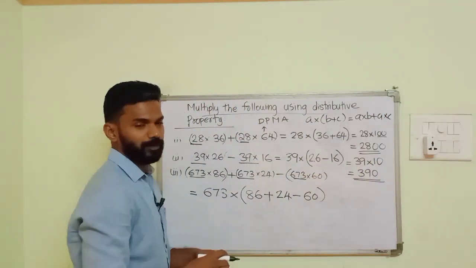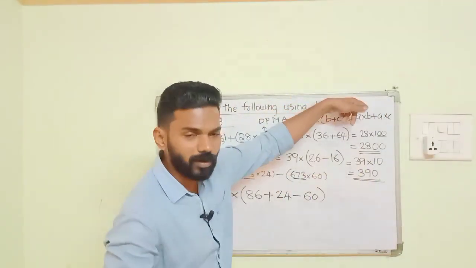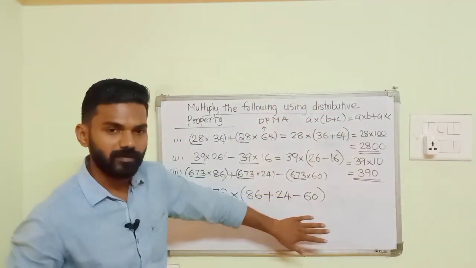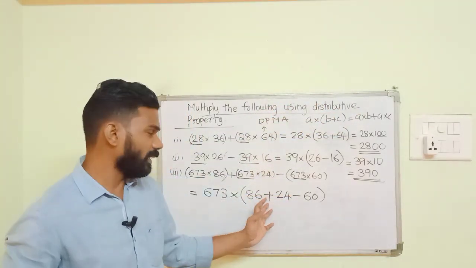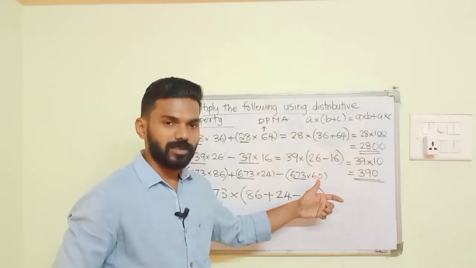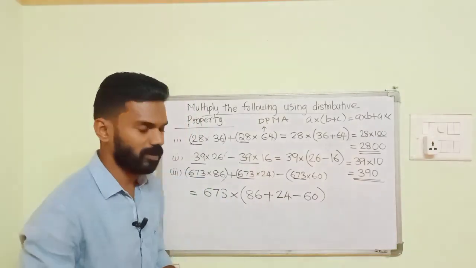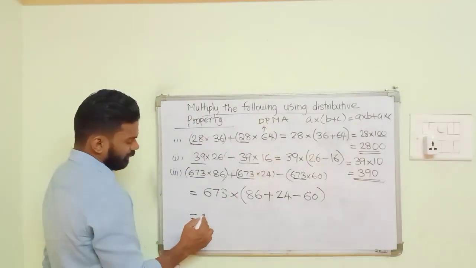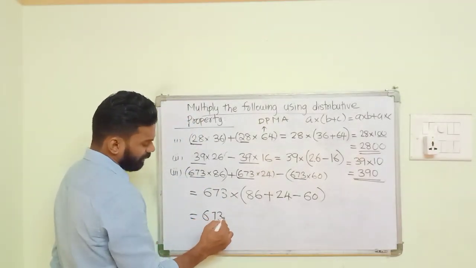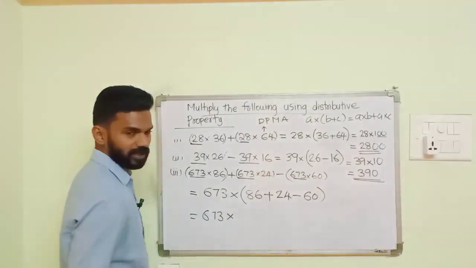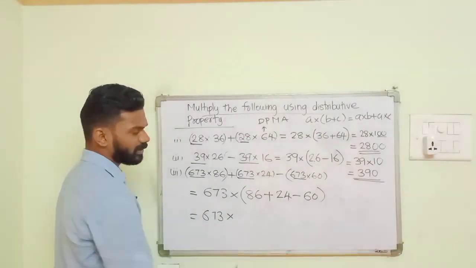So this is possible even if there is one more number. That is actually what is meant by this. Okay, any number of numbers can be inside the bracket, no problem. So here 673 can be written, thereafter into. Now this bracket has to be simplified. 86 plus 24.